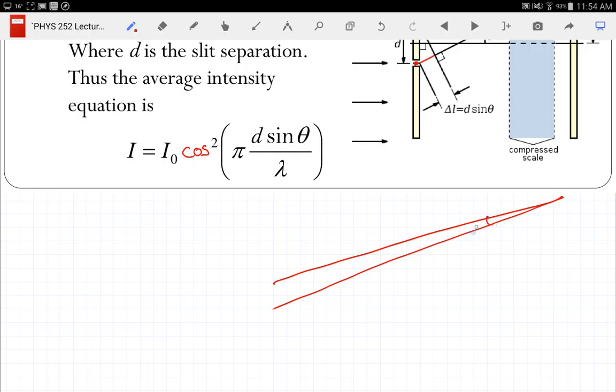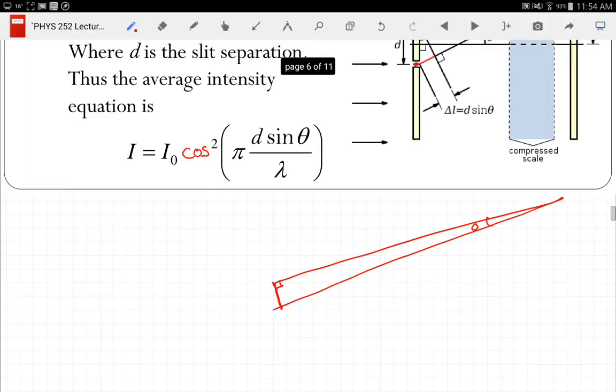This angle here is 0, approximately, right? Because we're far away. And if it's triangle and that's 0, if I cut it like this and make this a 90-degree angle, then what's the other angle? 90 degree. So this is your classic 90-90-0 triangle. That's the approximation. That's the Fraunhofer approximation.